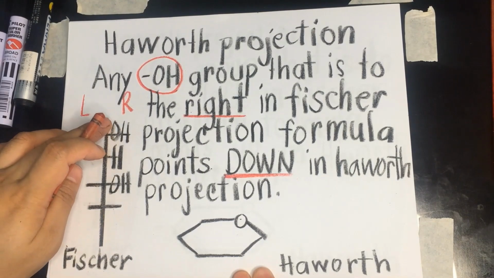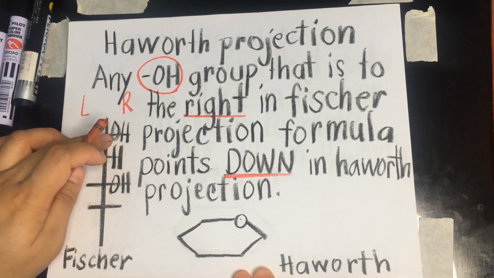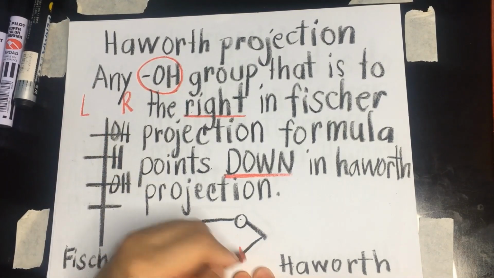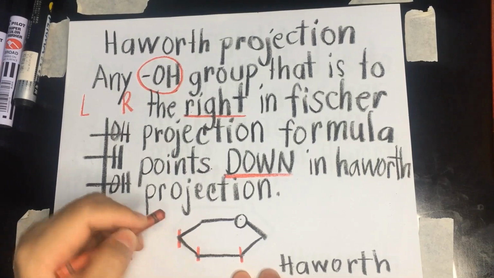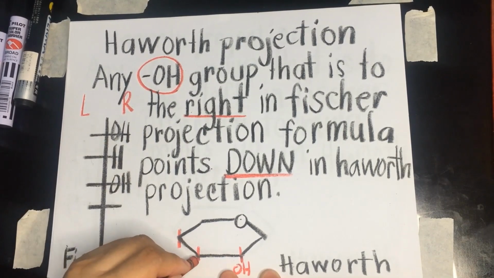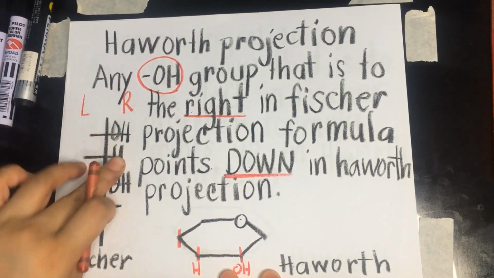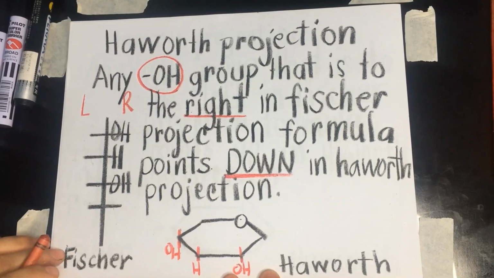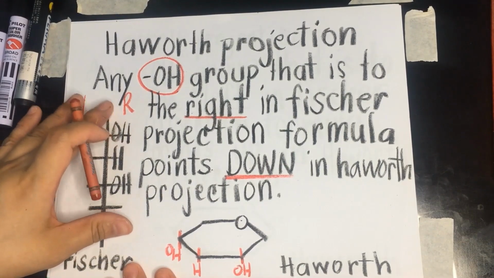So, we have here an example, OH, H, OH. I'm going to place them downwards: OH, then hydrogen, next hydroxyl. This is just an example. We are not pertaining to any groups.